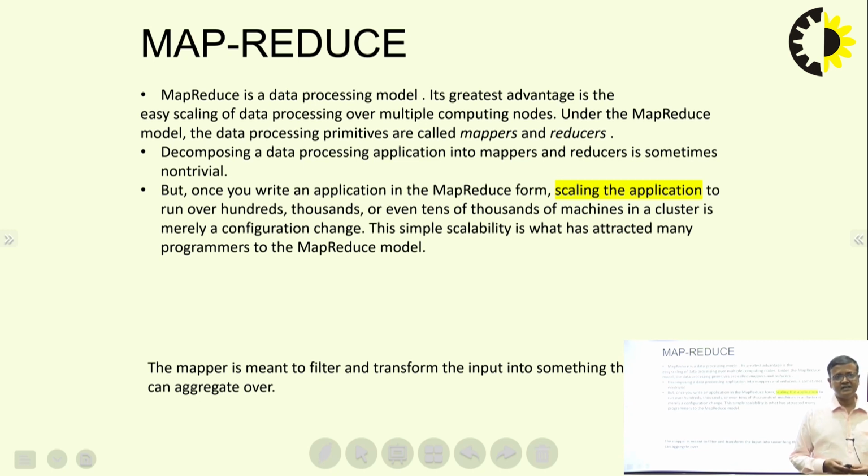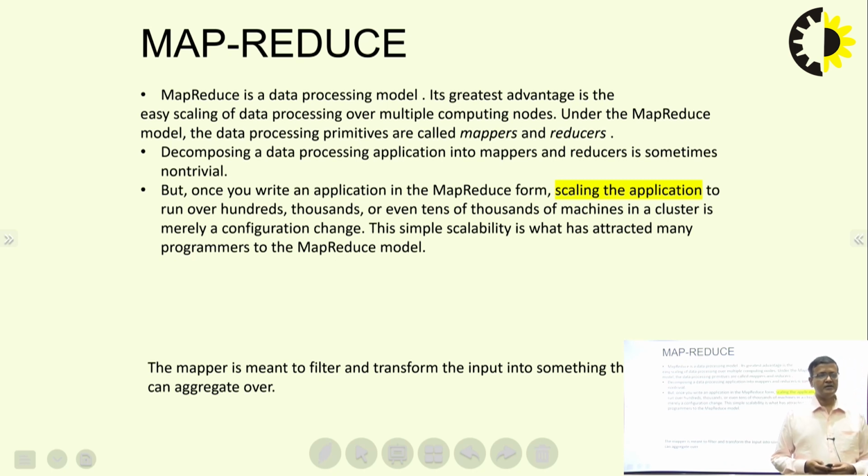But once you write an application in MapReduce form, scaling the application to run over hundreds, thousands, or even tens of thousands of machines in a cluster is merely a configuration change. This simple scalability is what has attracted many programmers to the MapReduce model.